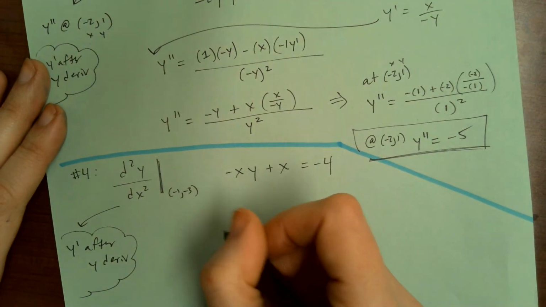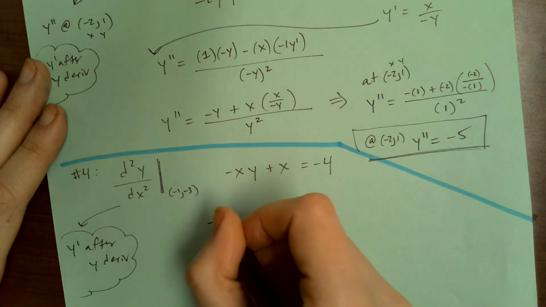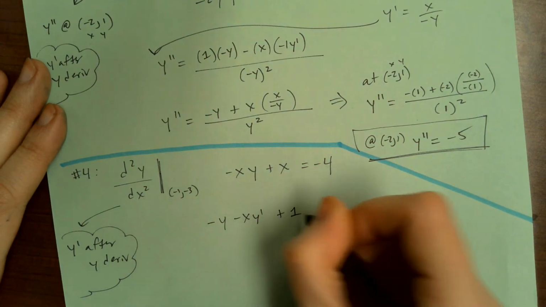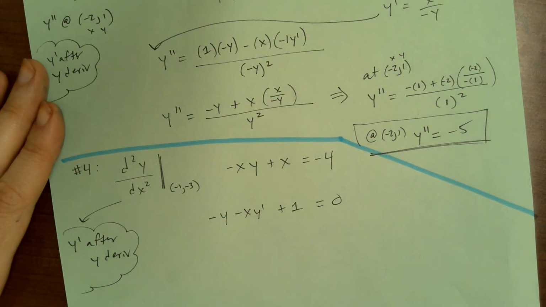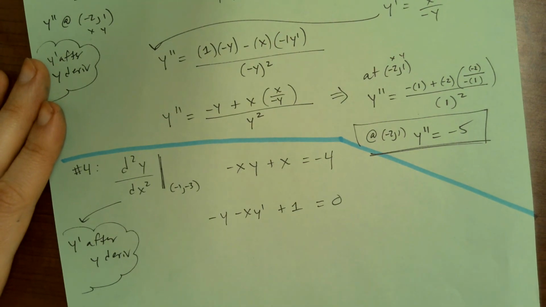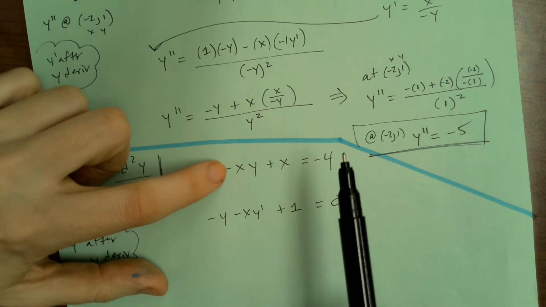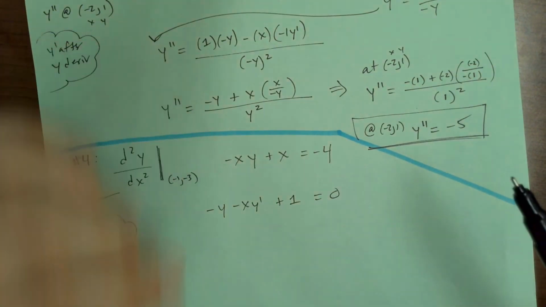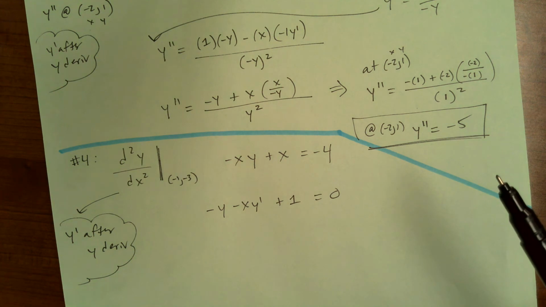So this is negative y, and 1 equals 0. I use product rule on this. I thought of the product rule of that, and then I distributed the negative. So that's a way of thinking of it.